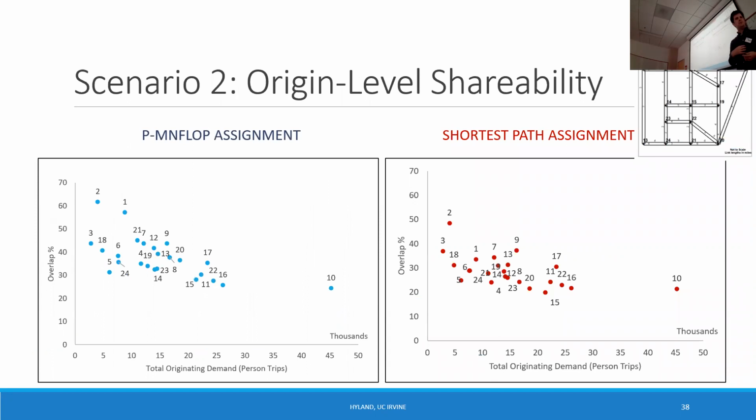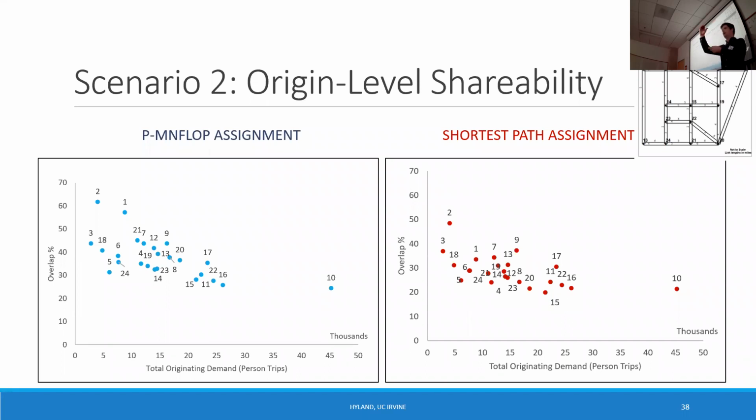Okay, I'm kind of running out of time, but we can see that for the Sioux Falls network, the x-axis is total demand originating from a particular node, and the y-axis is the percent overlap. Left-hand side, we have PM and flop. Right-hand side, we have shortest path assignment. So two main things to look at. That is the difference between shortest path and PM and flop.